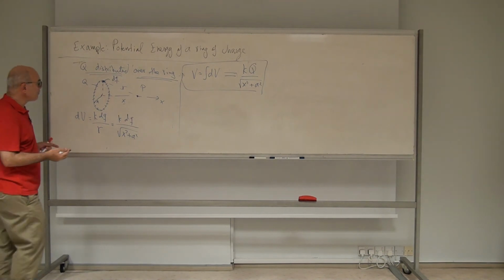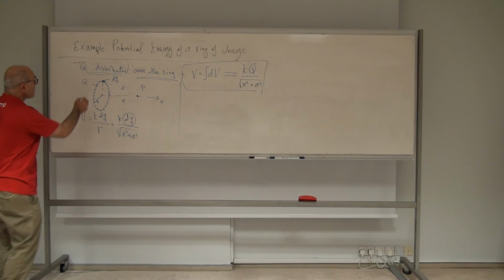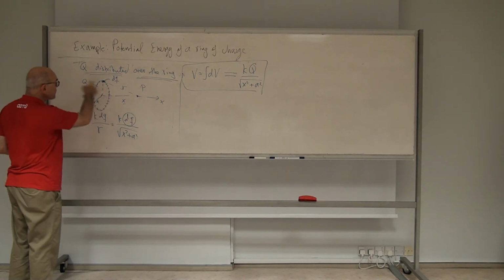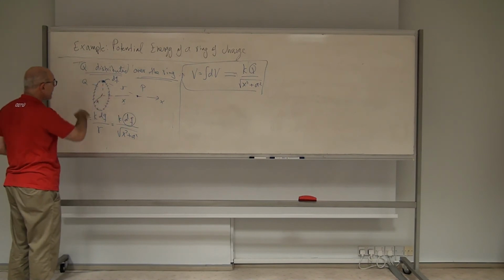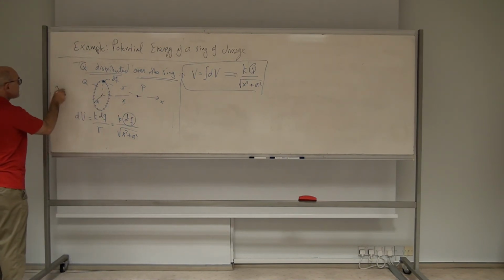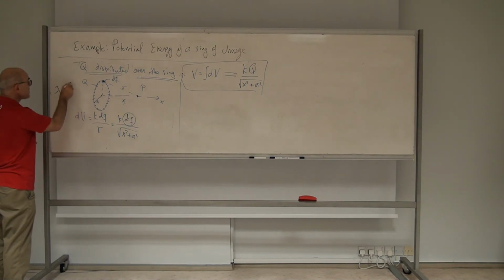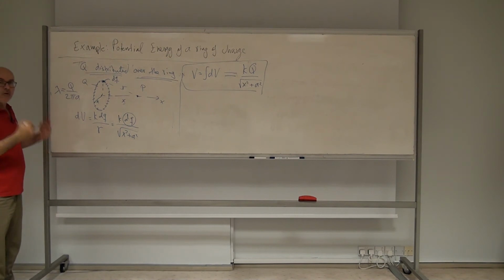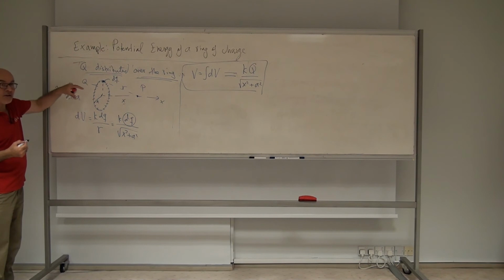So to move on, we first identify what our dq is. Now, if q is uniformly distributed over the ring, then there is a uniform linear charge density, which is equal to q over 2 pi a, in coulombs per meter. This is the charge per unit length.